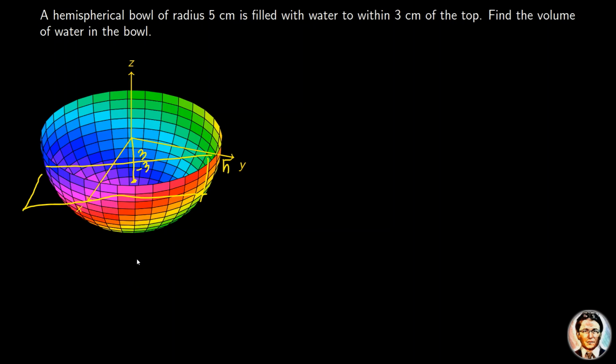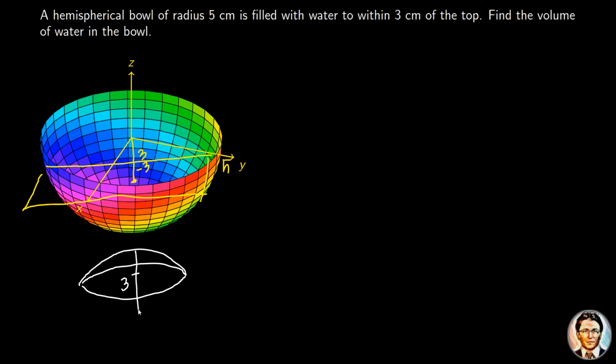Just consider the upper part of the sphere. So let's say this is 3. So we will have a sphere, and we just cut it with the plane z is equal to 3. So this is the volume that we want to calculate.